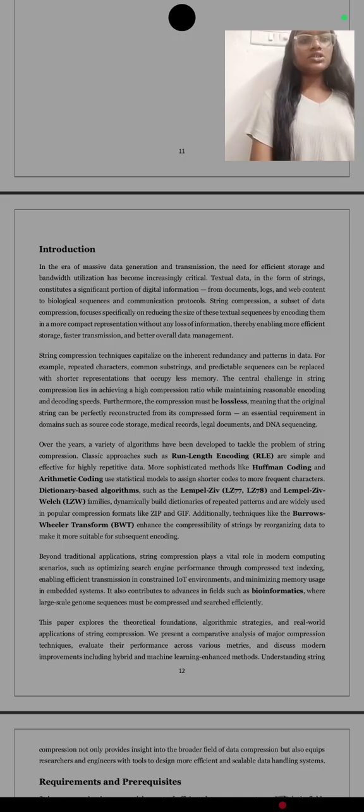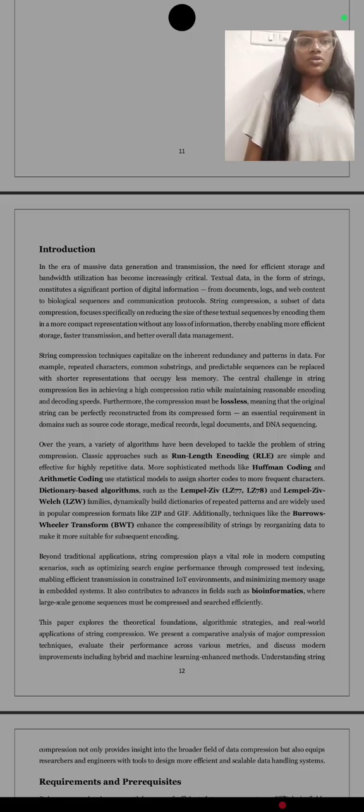Beyond traditional applications, string compression plays a vital role in modern computing scenarios such as optimizing search engine performance through compressed text indexing, enabling efficient transmission in constrained IoT environments, and minimizing memory usage in embedded systems.